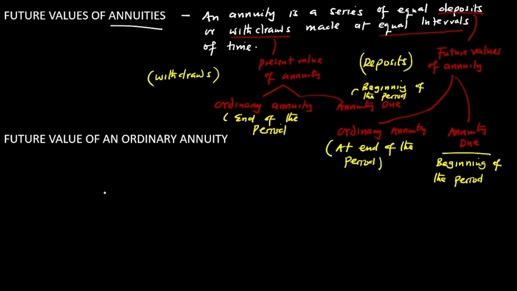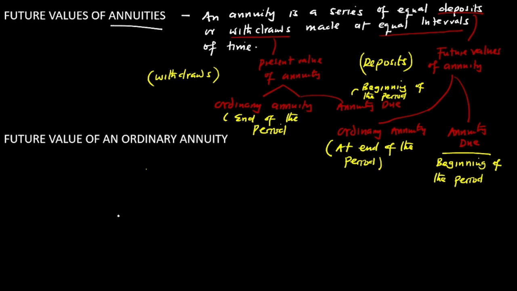So we can now look at the future value of annuity. What is the future value of annuity? For the future value of an ordinary annuity, payments are made at the end of a period.